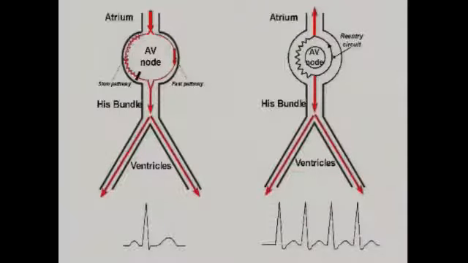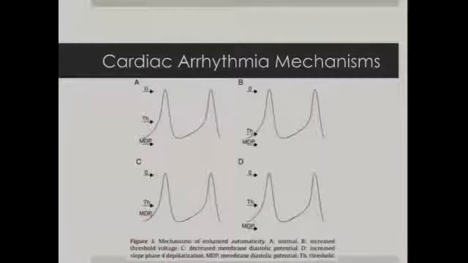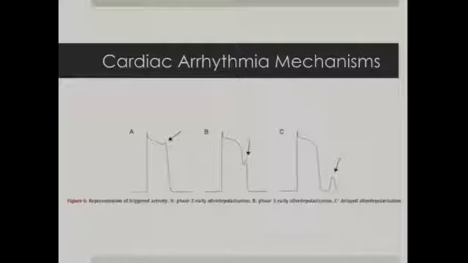It's just like any simple physics or electrical properties of any tissue. If something's available, it's going to take the least resistance until it's blocked, and then it will take the other circuit, and it just sets up a loop.